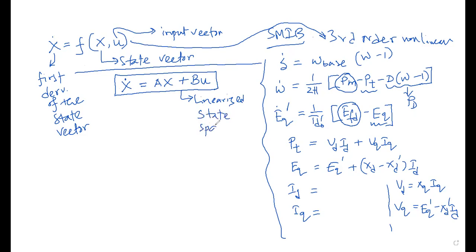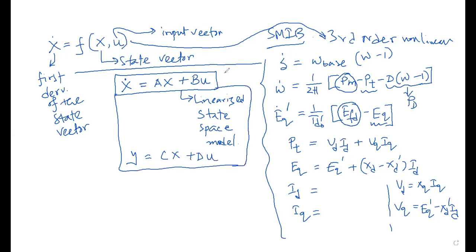So we'll call this the linearized state space model. And to complete the model, we also have to complete this. So the output equation, or the output vector equation, that is y equals Cx plus Du. So this would be our total model, okay, where these A, B, C, and D all are constant matrices, or matrices with constant entries.